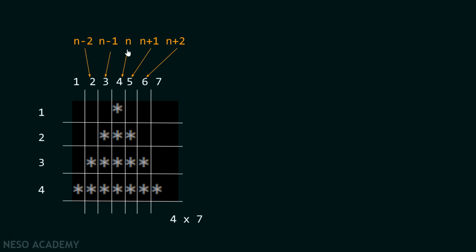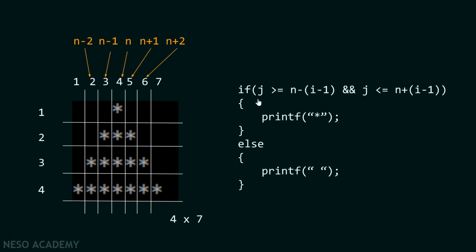So what we are actually obtaining from this particular observation? When j is greater than or equals to n minus i minus 1 and j is less than or equals to n plus i minus 1, then only we should print star, otherwise we simply print a blank space. Here i represents the row.